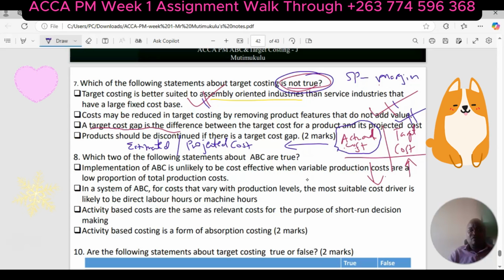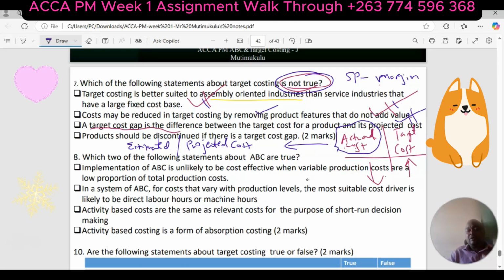Either we remove unnecessary costs in the design of the product, or we improve our systems by buying new equipment and machinery, by hiring experienced, efficient members of staff.